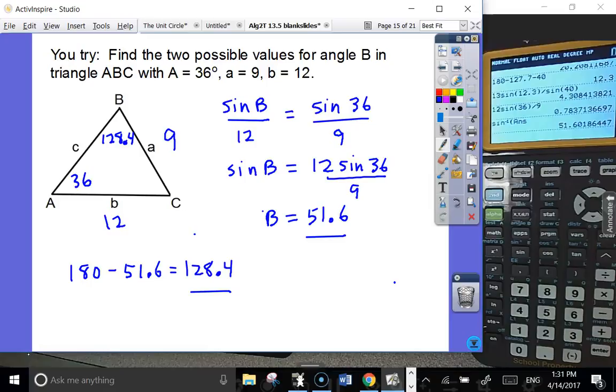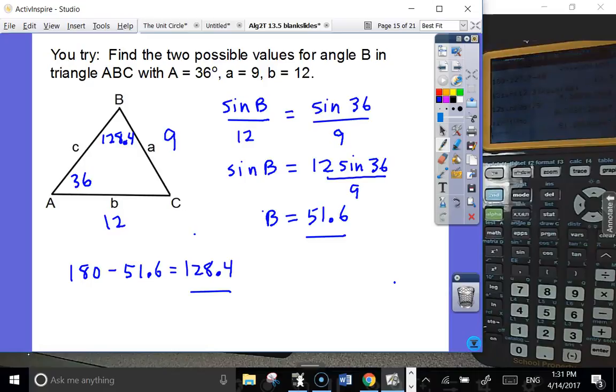Either 180 minus that. Right. Yeah, see, if that was 128.4 and that angle was still 36, if you add those two together, are they less than 180? Okay, then, yeah, that's it.